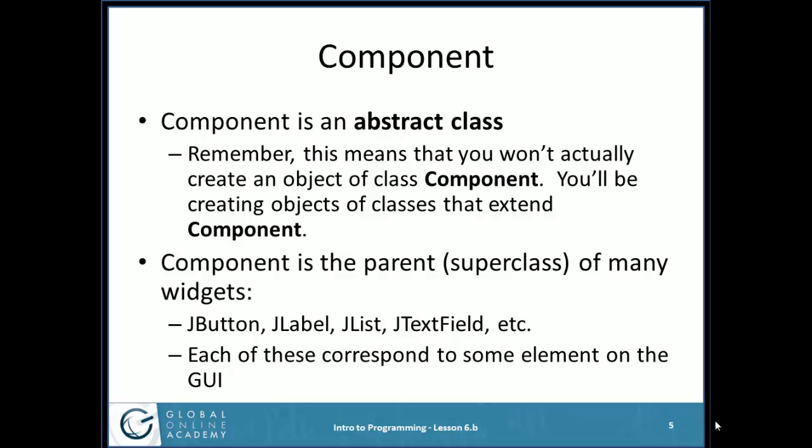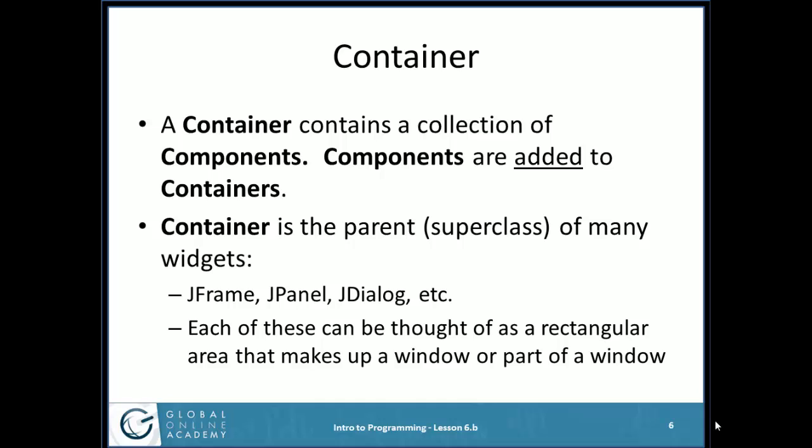So Component is the parent, or the superclass, of many widgets: JButtons, JLabels, JLists, JTextFields, JScrollBars, and so on. Notice the naming convention. They start with J for Java, and after that it's what that component actually looks like on a screen. Radio buttons and so on. Each of them corresponds to some element on the GUI. So let's remember that. Components are the actual items that show up on the GUI.